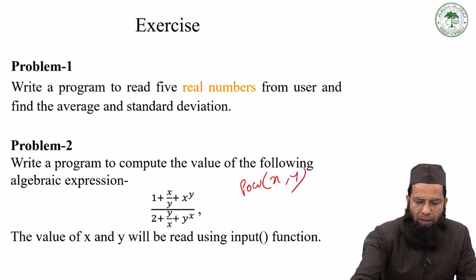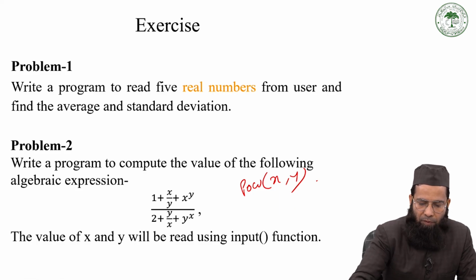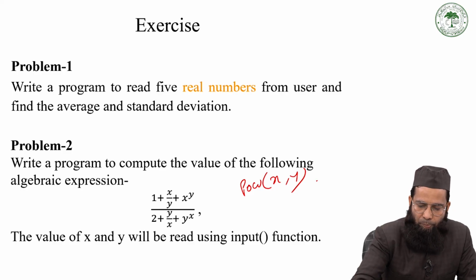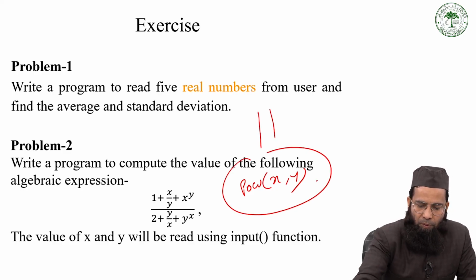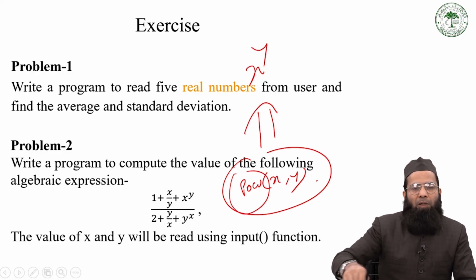So in this way you can calculate the value of x to the power of y, which is similar to x to the power 5. In Python, you need to use this function to calculate power.